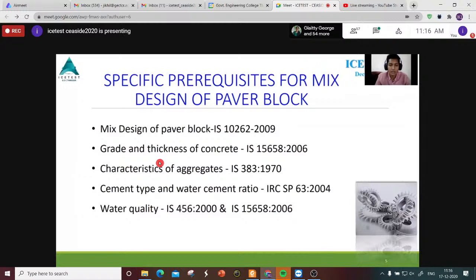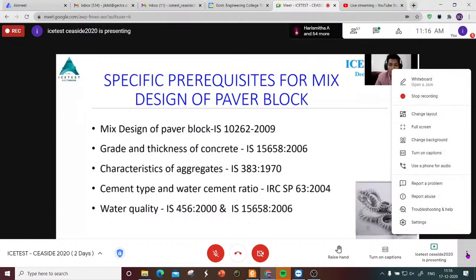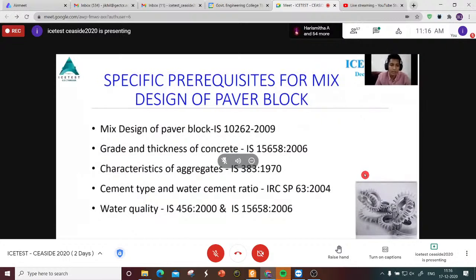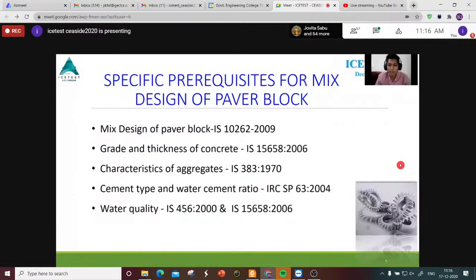Characteristics of aggregates is given in IS 383-1970. Cement type and water cement ratio are provided in IRC SP 63-2004. Water quality is mentioned in IS 456-2000 and IS 15658-2006.